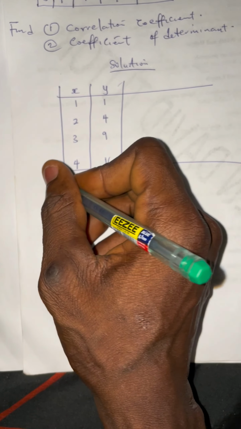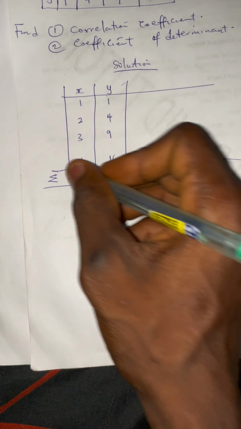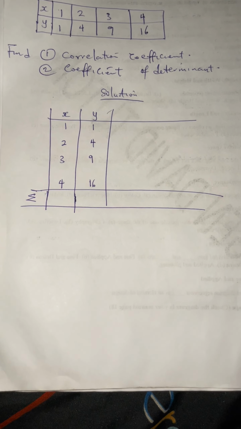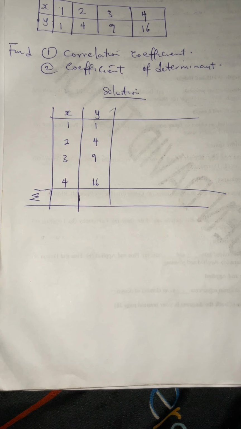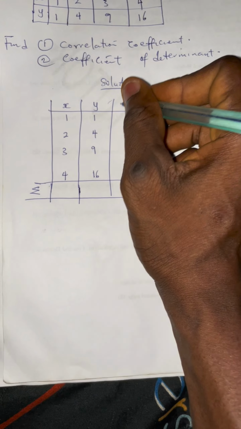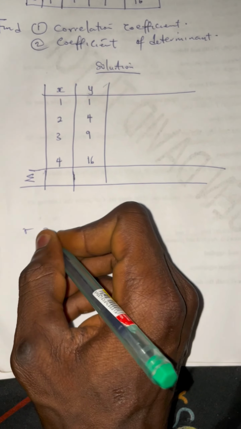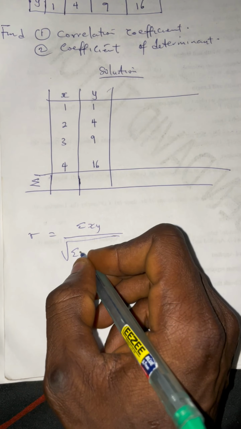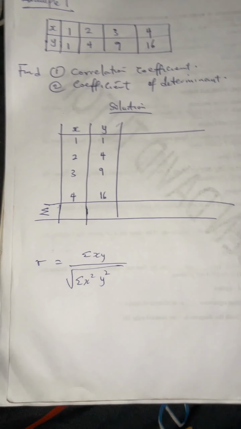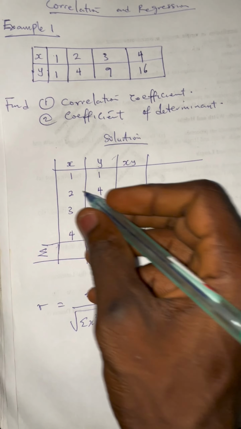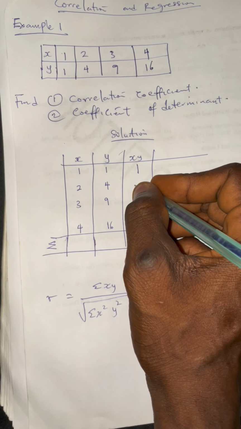Now let us use this as summation. Summation of x is 1 plus 2 plus 3 plus 4, though we don't need x here, so we may not sum all this. What we need in the formula, don't forget, is summation xy over square root of summation x square times y square. So we need xy, and you don't need summation of x. So xy will be 1 times 1, that's 1. 2 times 4, that's 8.